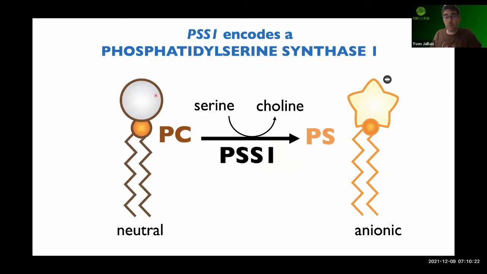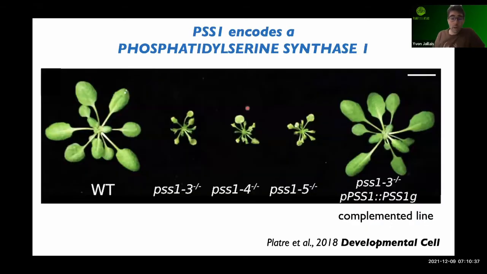So this is a very abundant structural lipid, PC, and then it takes a very few percent of the PC to make this PS. So we took a genetic approach and analyzed mutants in the PSS1 gene. We are able to find PSS1 null mutants, several alleles. They have a very strong developmental phenotype.